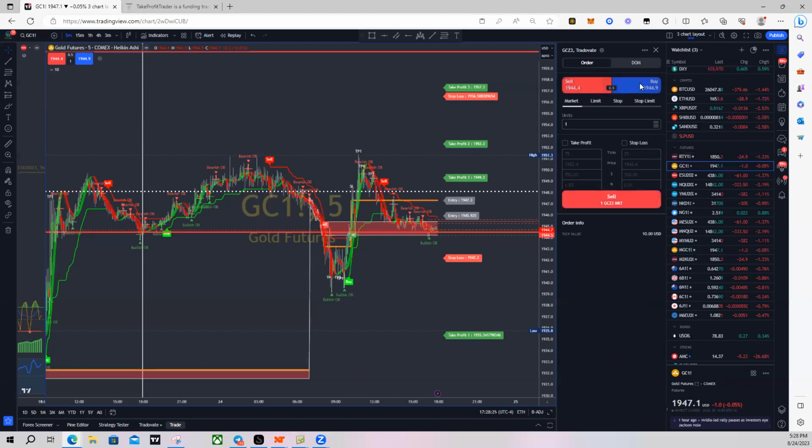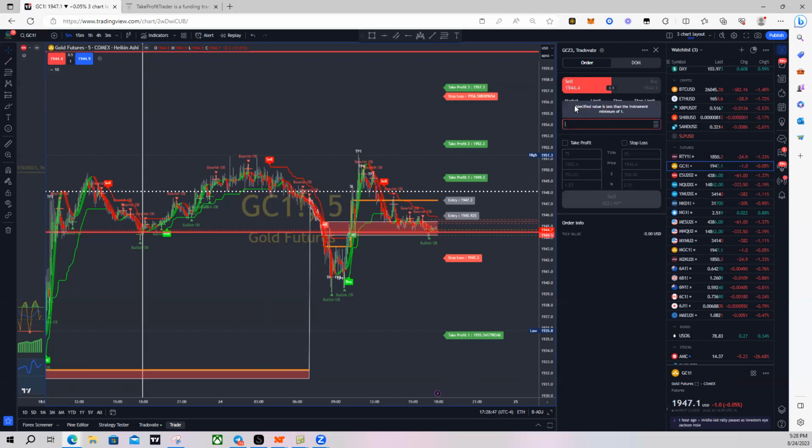You can either sell, you can buy, right? If you sell, you can do market execution. You can do sell limits, sell stops, stop limits. For right now, we're going to focus on market execution. So if I was to put a sell, market execution, how many units or contracts do you want to risk?